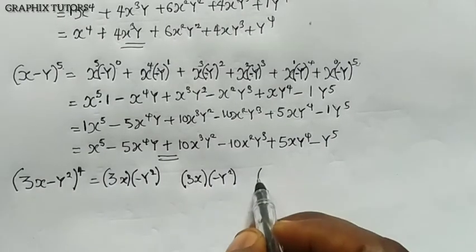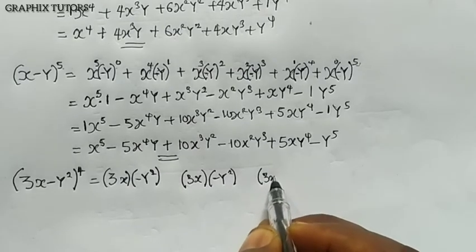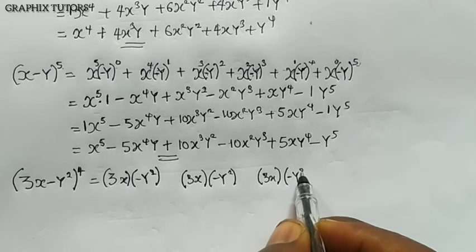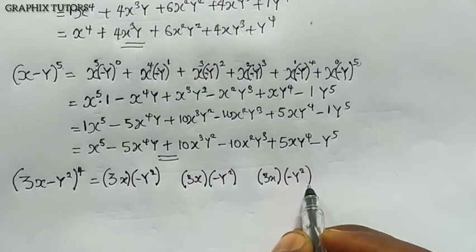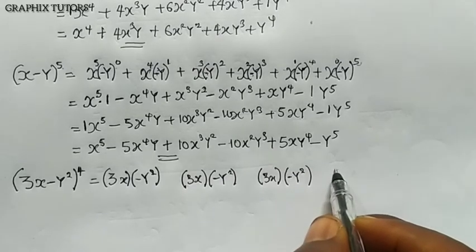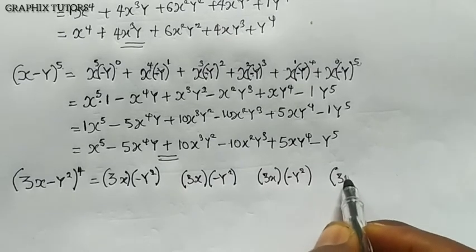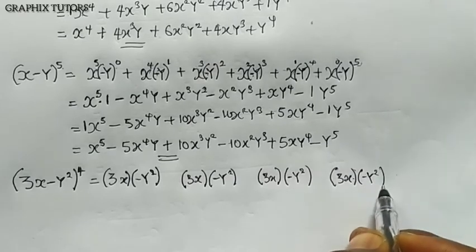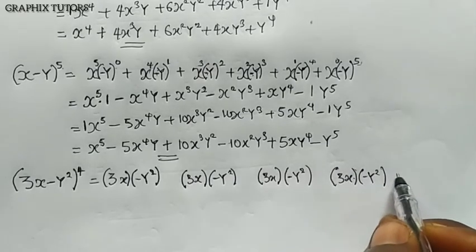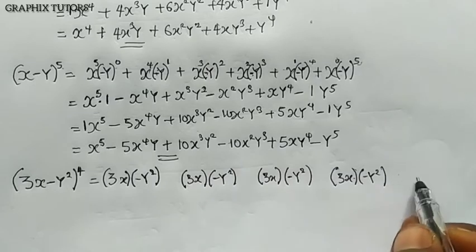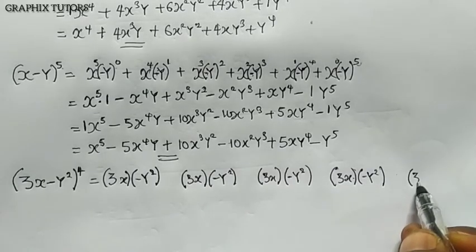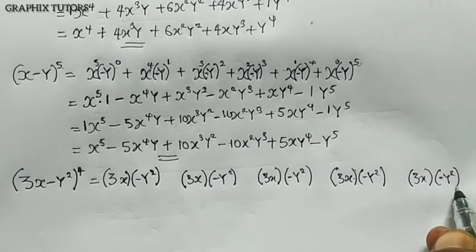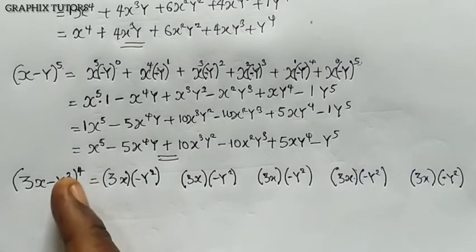I'll come again: 3x, minus y^2, close the bracket, come again. This is 1, 2, 3, 4. One more time: 3x, bracket, minus y^2. So you do it into 5 places because this is 4.